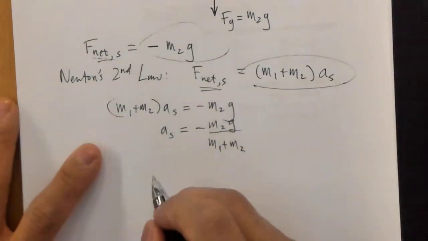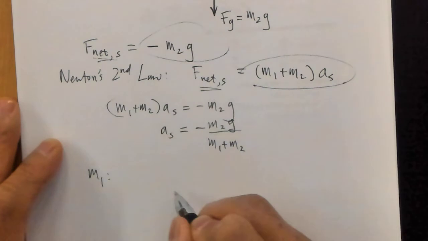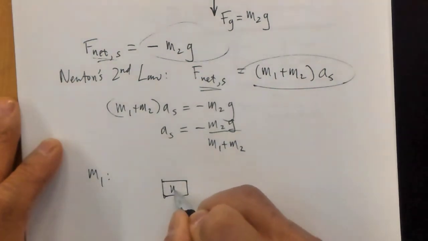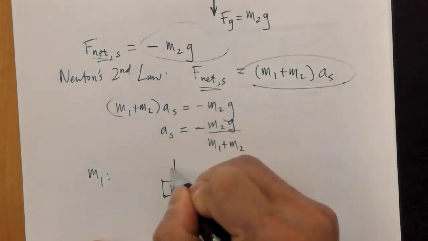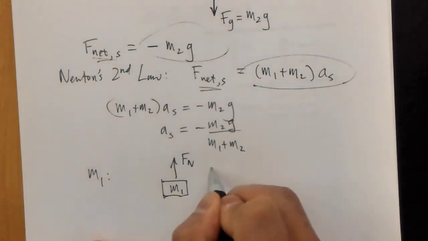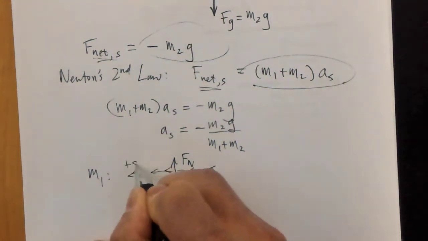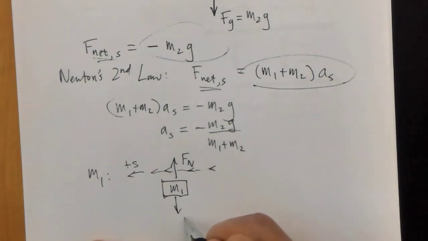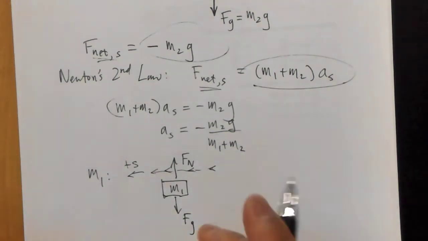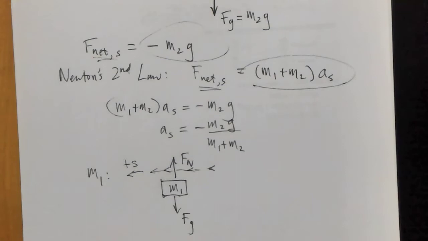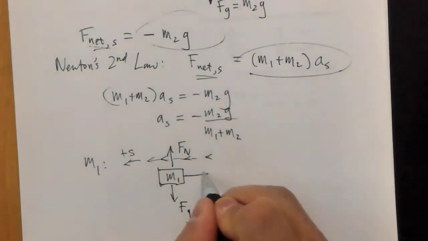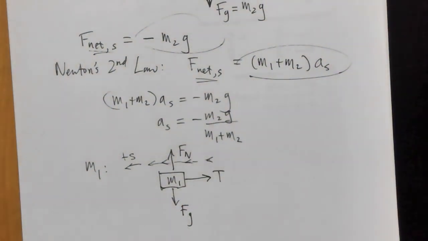If I now look at m1, the reason we're looking at m1 is because there's this normal force, but it's not in the positive s direction. So remember, this is the positive s direction. And we have the force of gravity, but this is not relevant because it's perpendicular to the positive s direction. And we only have this tension T here. Okay?